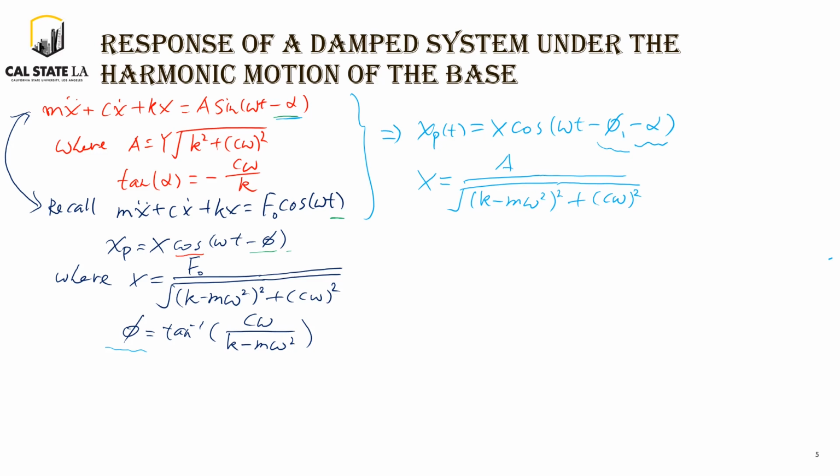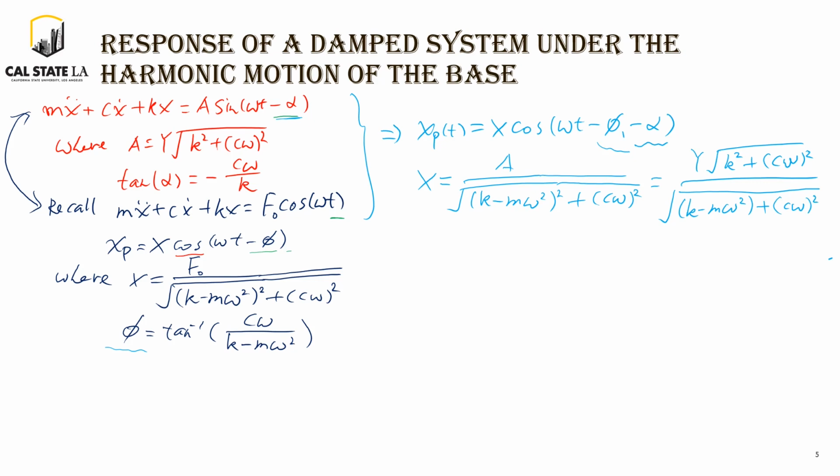We can further replace a by the formula we have. That is Y times square root of k squared plus (c omega) squared, over square root of this long term, (k minus m omega squared) squared plus (c omega) squared.